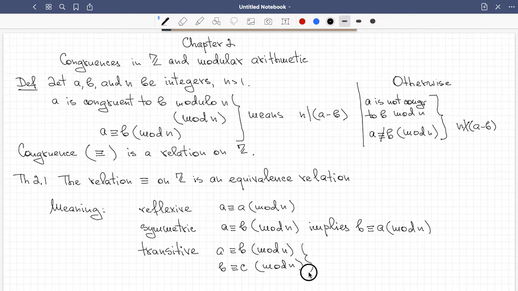These two congruences imply a is congruent to c mod n.